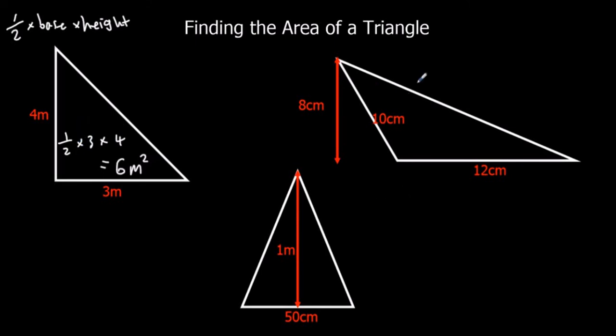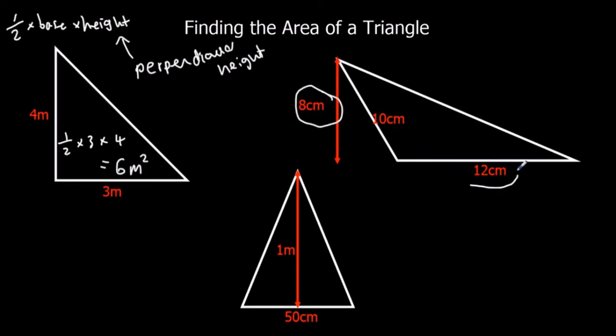This one here is an interesting one. So when we say the height here, it's got to be what they call the perpendicular height. So that means it can't be slanted, it's got to be straight up, vertically up. So we're looking at this as the height, and this is the base. This ten here is just there to mislead us.